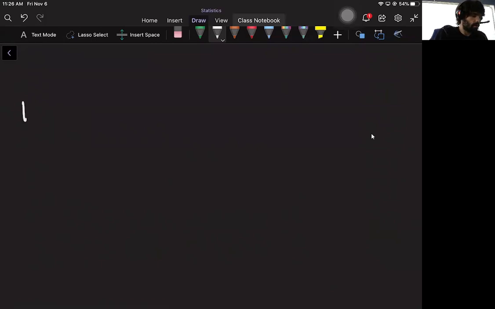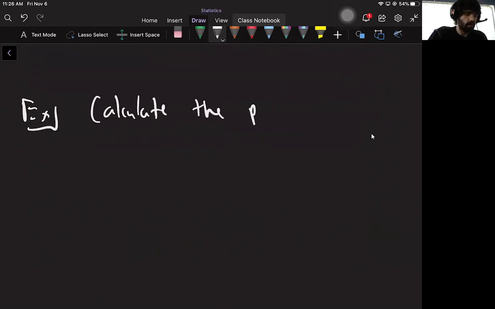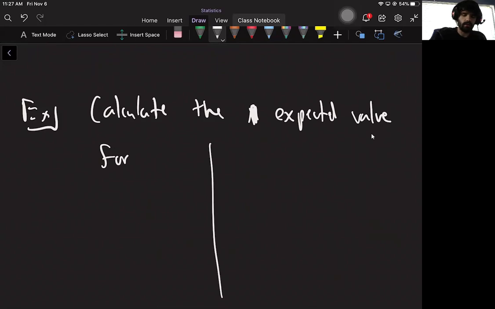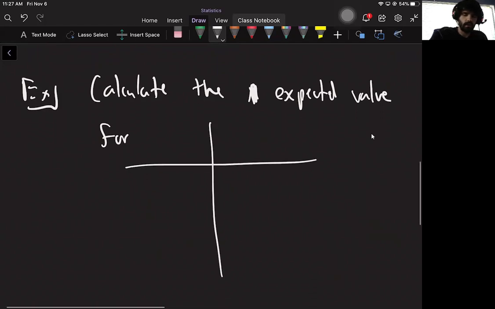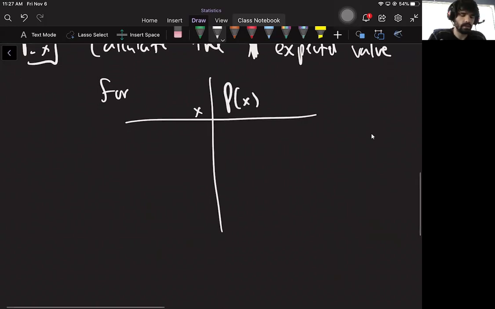Let's do another example to remind ourselves about how it works. So let's calculate the expected value for a probability distribution, which remember is just some chart with little x's on one side, and then the probability of that little x happening on the right side next to it.